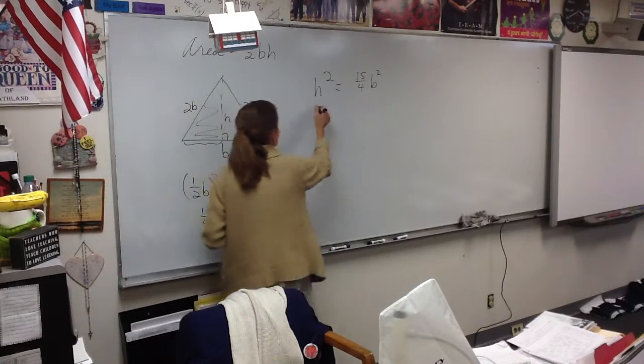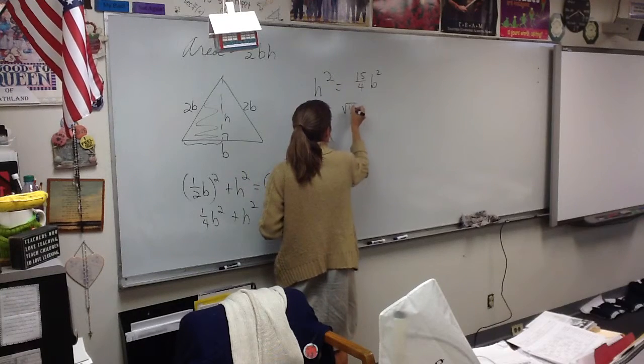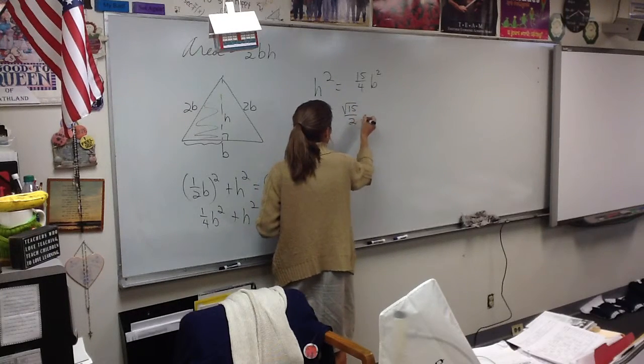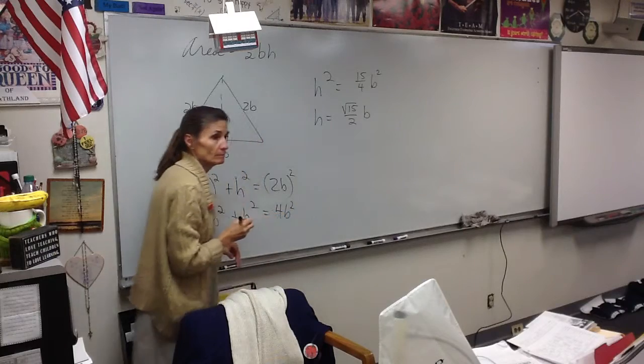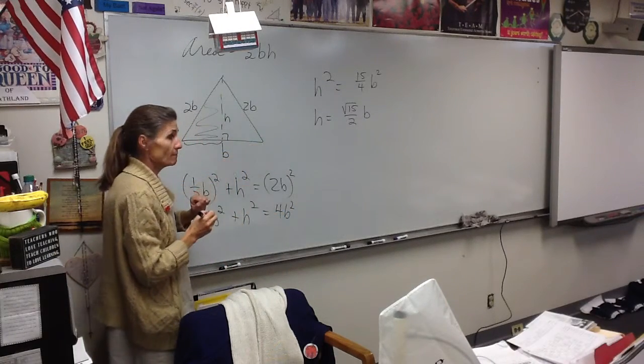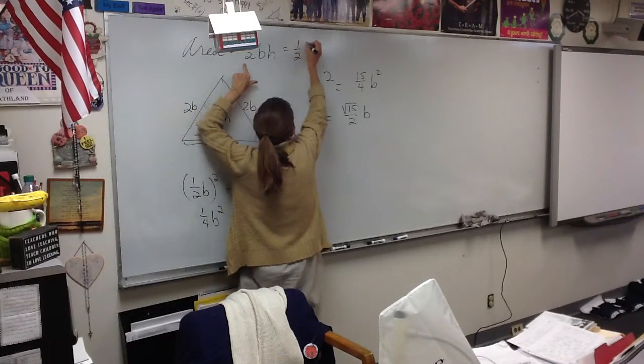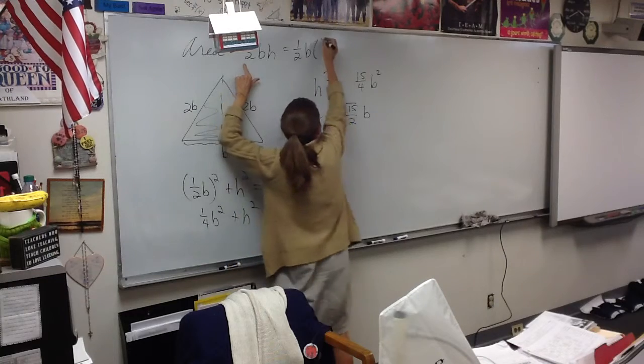So what does H equal? The square root of 15 over 2 times B. Now, what am I going to do with that? Plug it in right here for H.